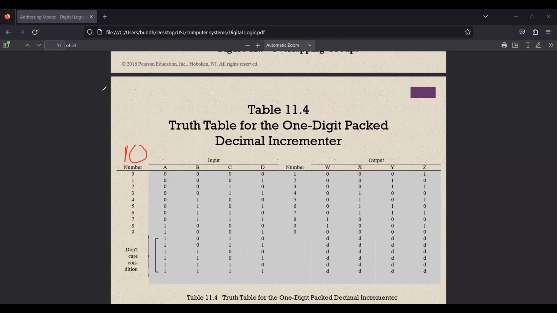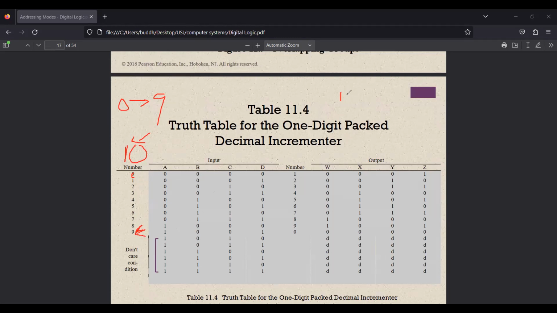So that means how many numbers are there? 10 numbers from 0 to 9, right? So that means numbers 0, 1, 2, 3, 4, 5, 6, 7, 8, 9, right? So how many bits do you need to represent these? So that means how to write this 9 in the binary format. It is this one, right?